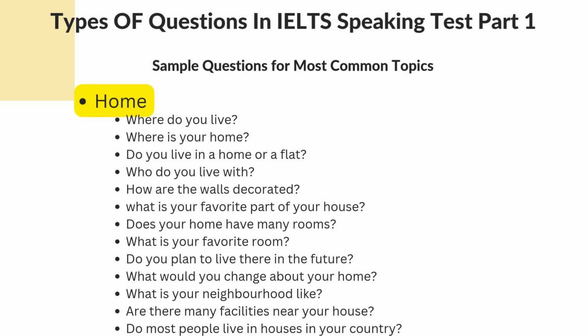Okay, the interviewer can ask you anything about your home. It can be the exact same question, such as where do you live, or it can be any other question related to your home. But these are the most common questions that interviewers mostly ask in the IELTS speaking test part one if the questions are about your home.